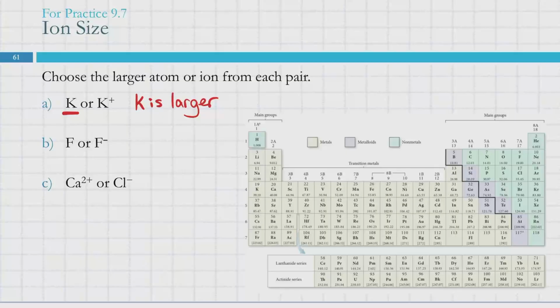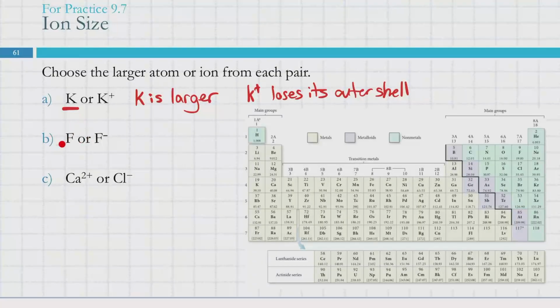The potassium ion loses its outer shell. We're pulling off that 1 valence electron, and now it's like argon. It's gone down 1 n number. It's still got the same number of protons. It's going to be drastically smaller. Its effective nuclear charge goes way up.